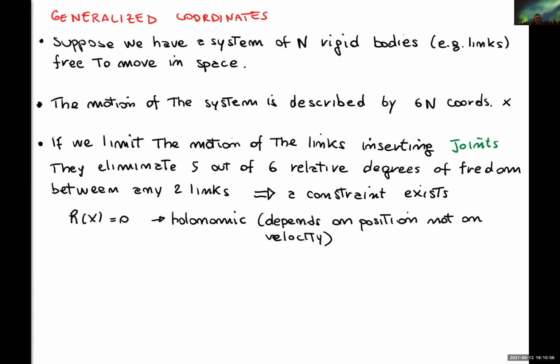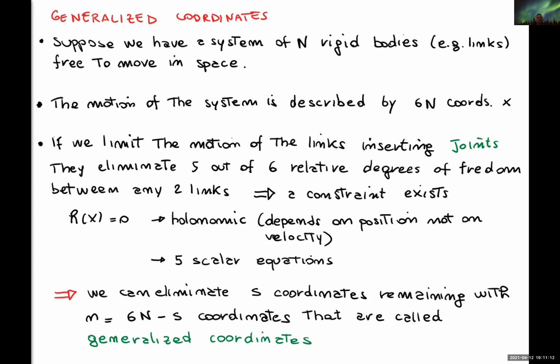We will see later on in the contact dynamics how to define these holonomic constraints, and we will detail that better. In essence, we have 5 scalar algebraic equations that remove these degrees of freedom. And we remain with what? We remain with 6 times n minus 5 times the number of joints. So we remain with n small coordinates that we call generalized coordinates, a number of degrees of freedom that is equal to the number of joints.